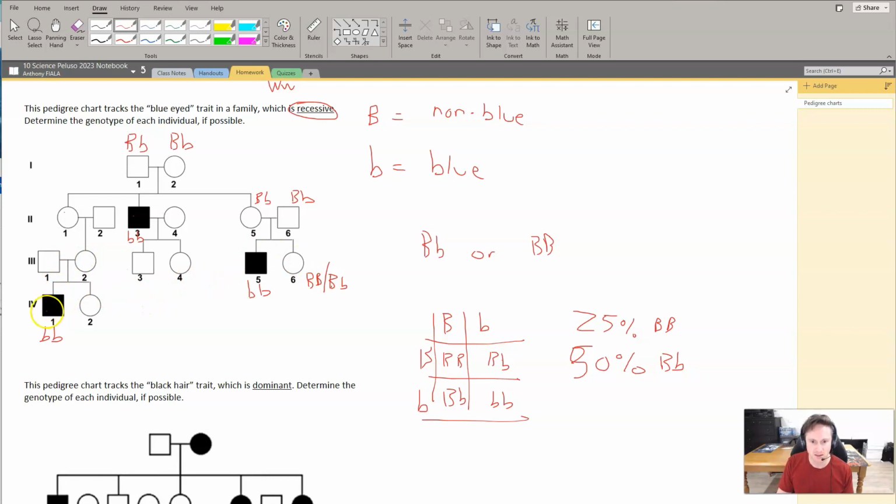So same thing here. I look at generation 4, number 1, big B, little b. So their parents had to be hetero. So this one here, you don't know. Okay. Now if they're heterozygous, this one here, we don't know this one.